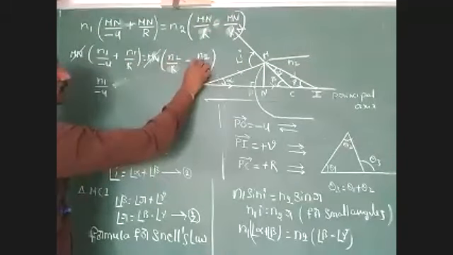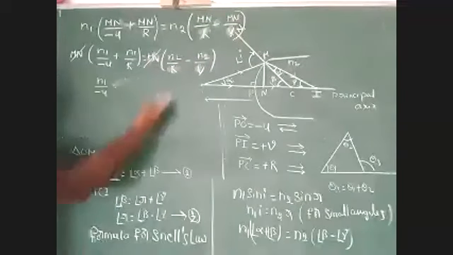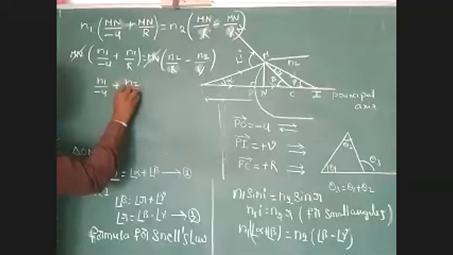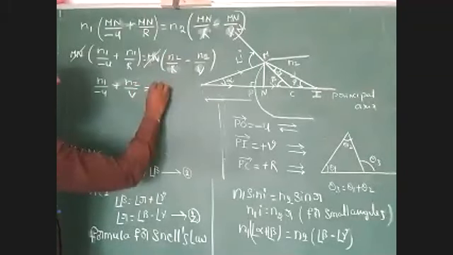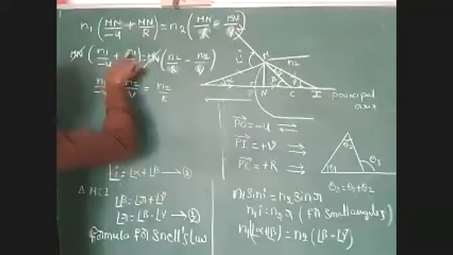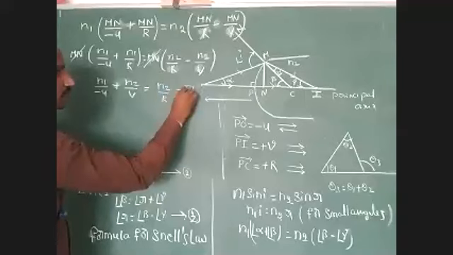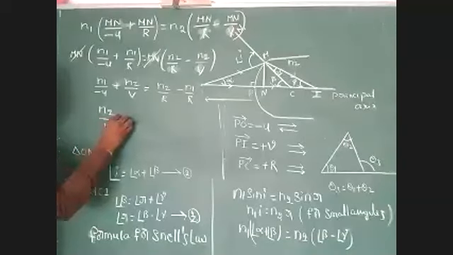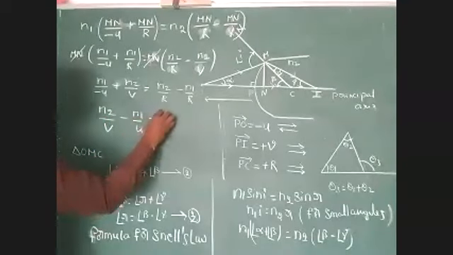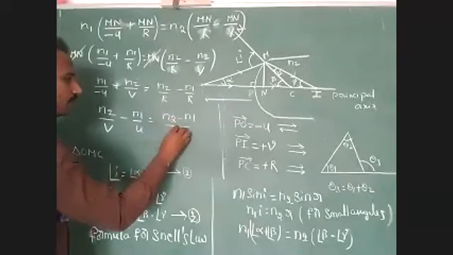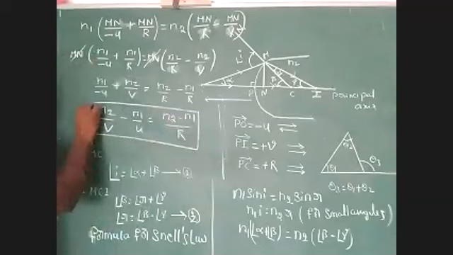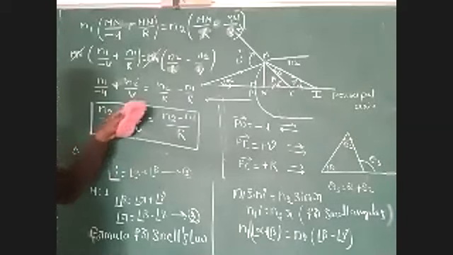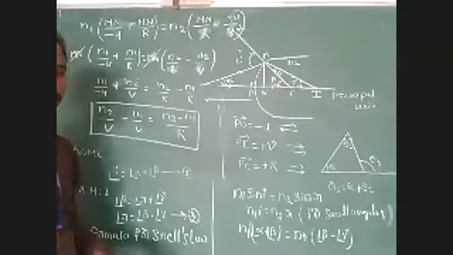Understood? Now identify minus n2 by v, come to left hand side, plus n2 by v equals n2 by R, plus n1 by R, come to right hand side, minus n1 by R. Right, here n2 by v minus n1 by u equals (n2 minus n1) divided by R. This is the formula for a concave curved surface.